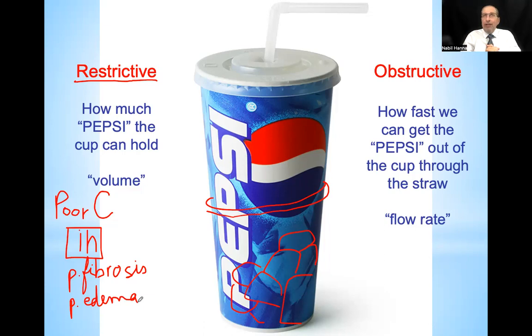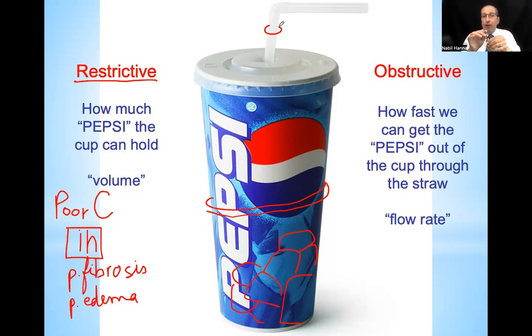Now, what's an obstructive cup disease? If you have a normal cup and nothing is restricting it, and you don't have paper towel inside, and you don't have too many ice cubes inside, and the cup is full of Pepsi, but instead of this normal caliber, nice straw, let's say they only gave you this tiny coffee stirrer.